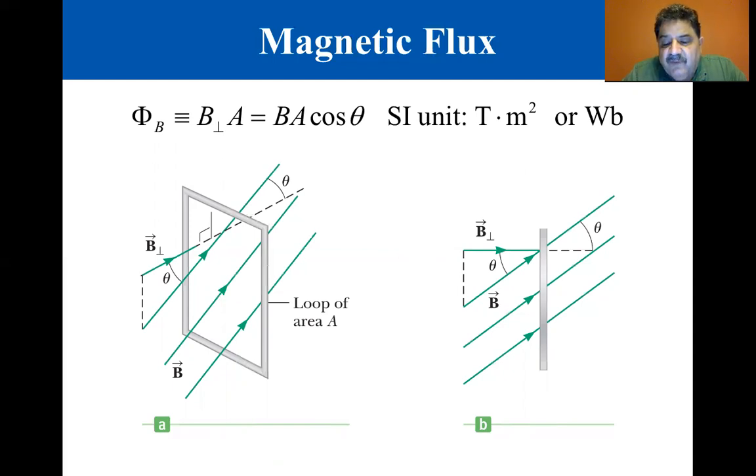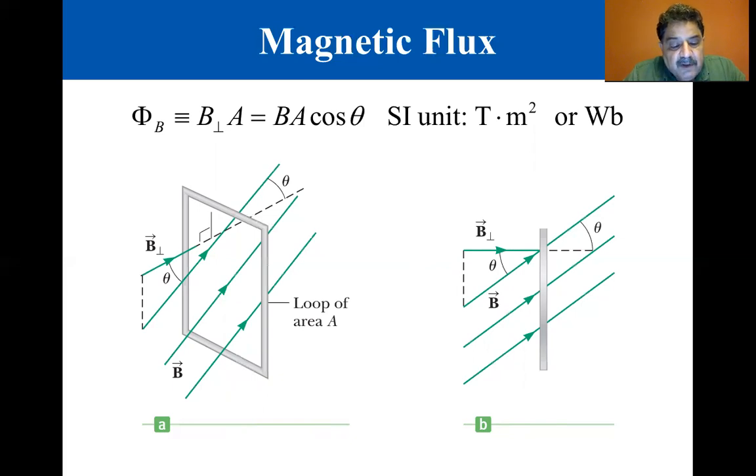The magnetic flux through a loop of wire with area A is defined by the equation shown here, where B perpendicular is the component of a uniform magnetic field perpendicular to the plane of the loop, as in the figure on the left. And theta is the angle between B and the normal to the plane of the loop.